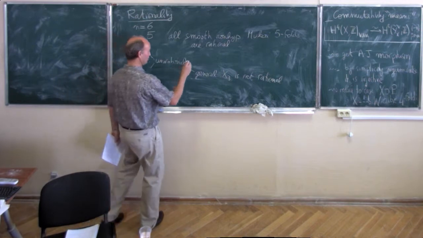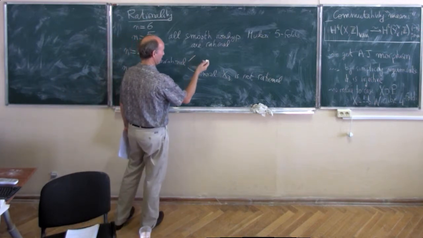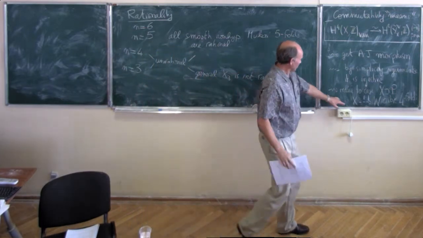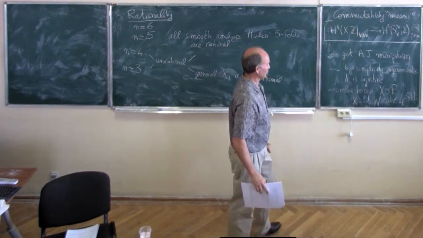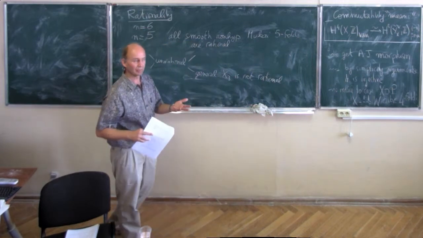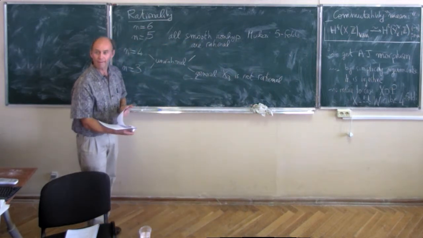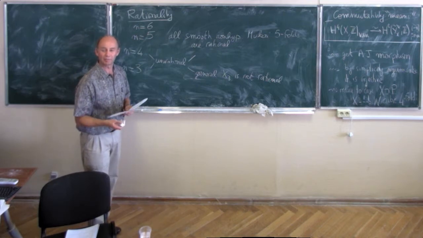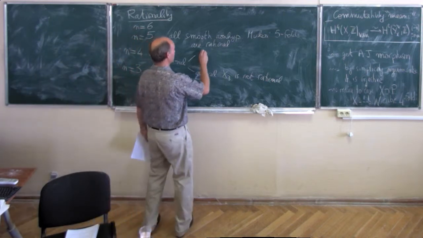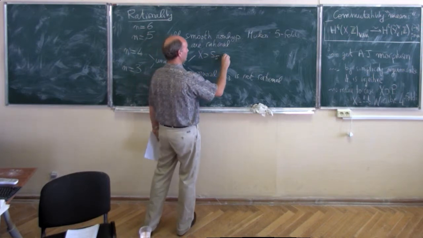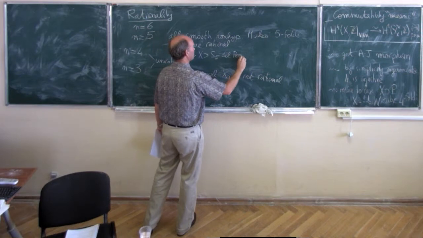Okay. When n is equal to 4, as I said, there are rational examples. Not these ones, but examples of fourfolds which contain some special surface. There are, which I don't remember. Quintic del Pezzo, right? So if X contains a quintic del Pezzo, then it's rational.